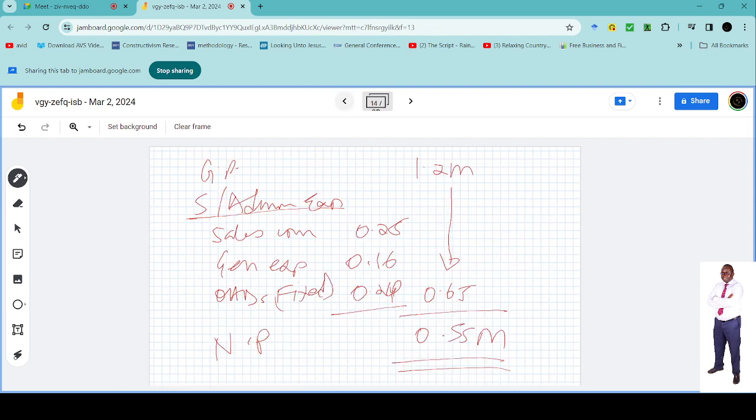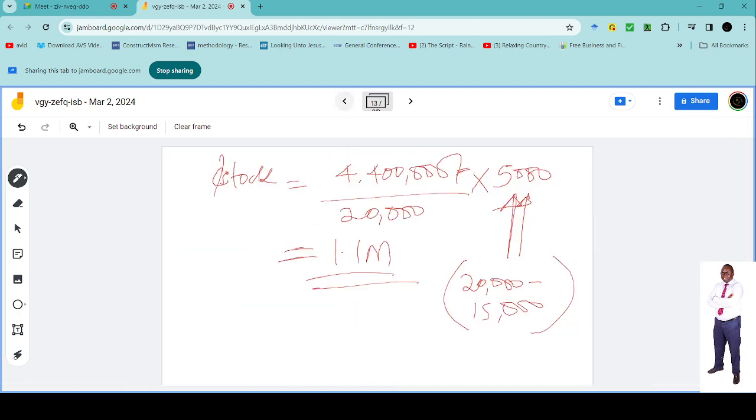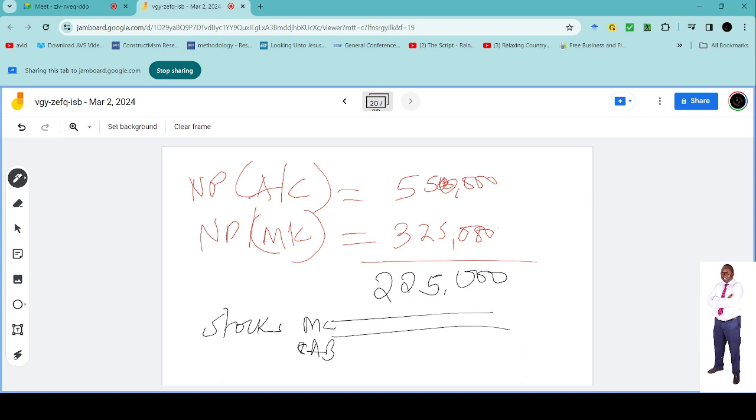That's where we did the calculation. The first one we dealt with was 1.1 million. So when we come to the tail end, one particular closing stock is 1.1 million.